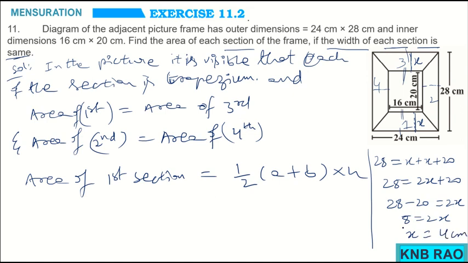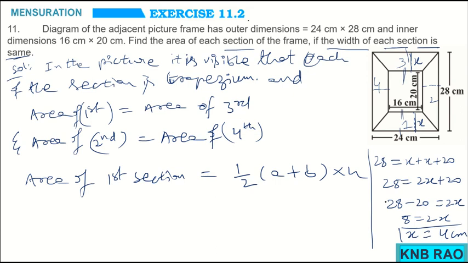That means 4 centimeter is the width of that frame. Even here also you can find 16 plus 2x is equals to 24. That means 24 minus 16 is 8, 2x is 8 and x is 4 centimeter.